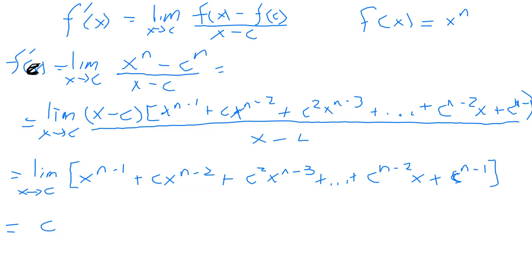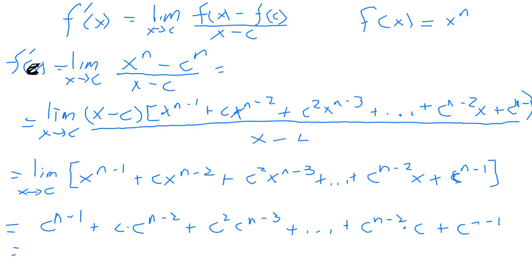So we're going to have c to the n minus 1, plus c times c to the n minus 2, plus c squared times c to the n minus 3, plus dot dot dot, plus c to the n minus 2 times c, plus c to the n minus 1.